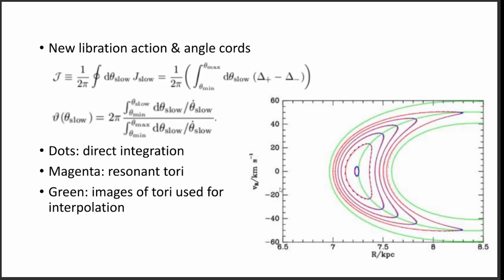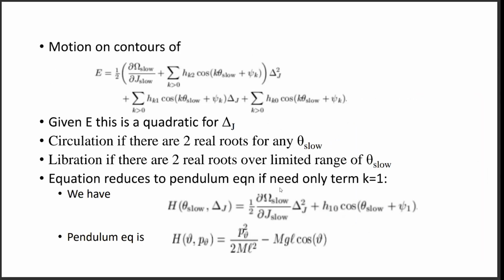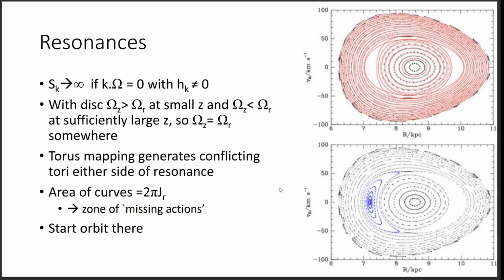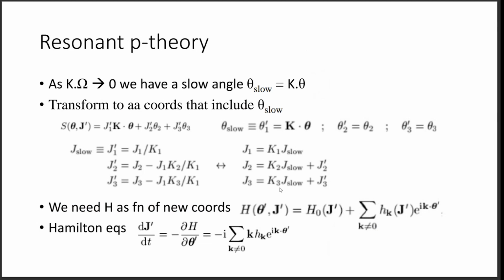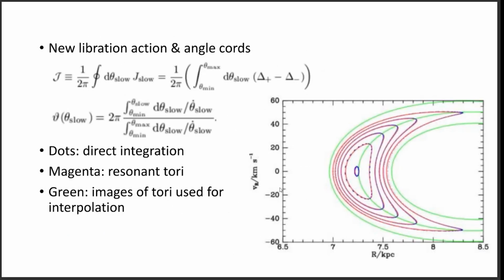So what I'm plotting here is a blow up of this space here, or if you like, this space here, right? Except that these magenta curves are computed from this resonant perturbation theory using as unperturbed action angle variables the ones provided by torus mapping.